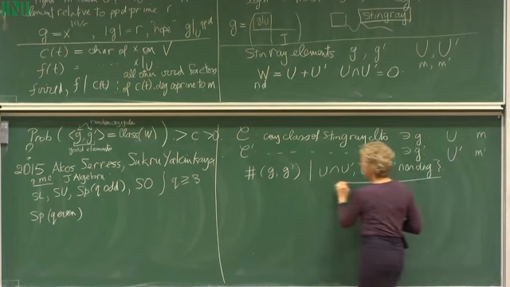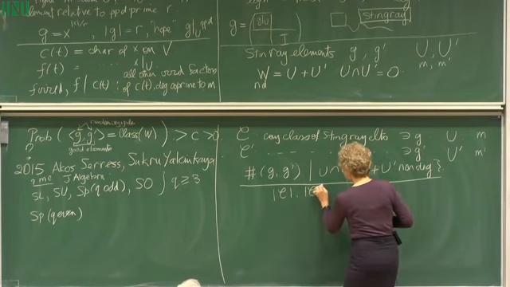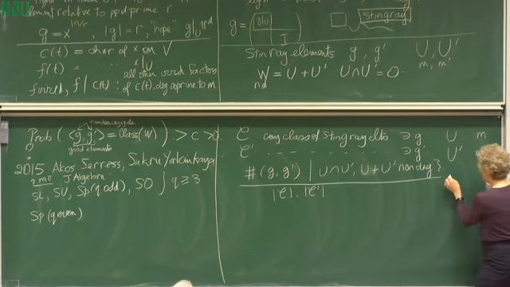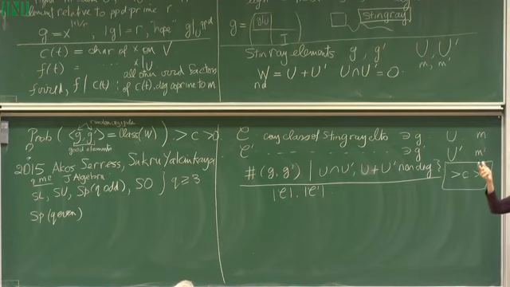And then I want to divide that by the size of C and the size of C prime. My object is to prove that this is greater than some positive constant. I'm in a particular type of classical group, and n is the dimension.